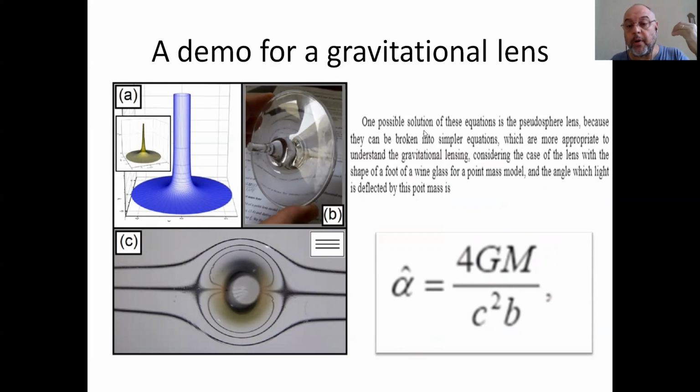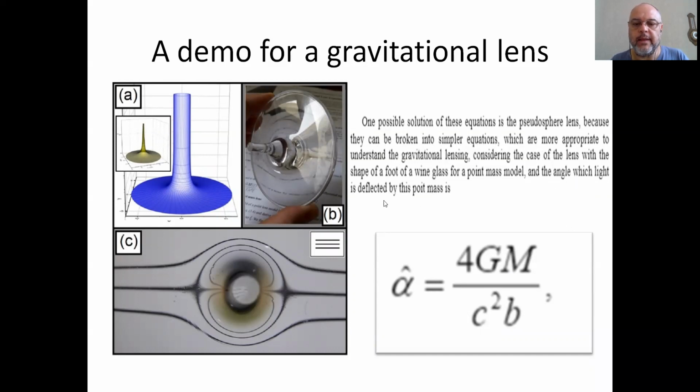One possible solution of these equations is the Schwarzschild lens, because they can be broken into simpler equations, the Einstein field equations, which are more appropriate to understand the gravitational lensing, considering the case of the lens with the shape of the foot of a wine glass for a point mass model.